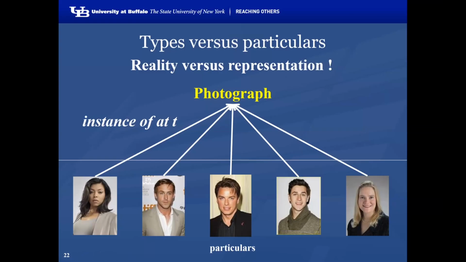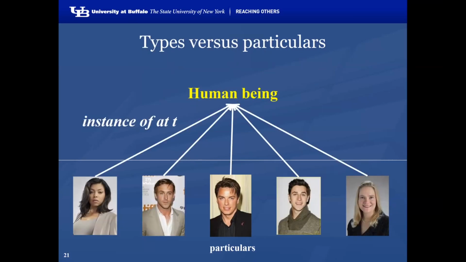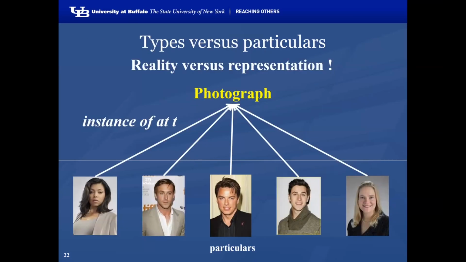Whenever we depict something, it is important to know what exactly we are talking about. Are we talking about these human beings, or about the pictures of those human beings? If you think again in terms of properties, the properties of pictures are totally different from the properties of human beings. Never confuse the two.